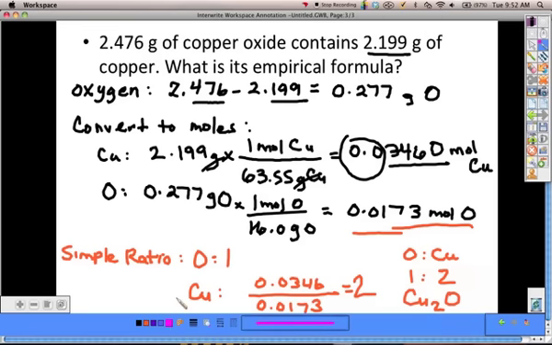Nope, not quite. Karsten. Copper 1. So this 2 came from the oxygen, which is good because oxygen is always a 2 negative, which means the copper was a 1. So copper, Roman numeral 1, oxide. Excellent.